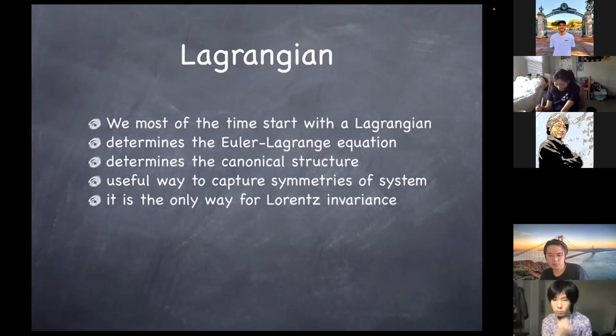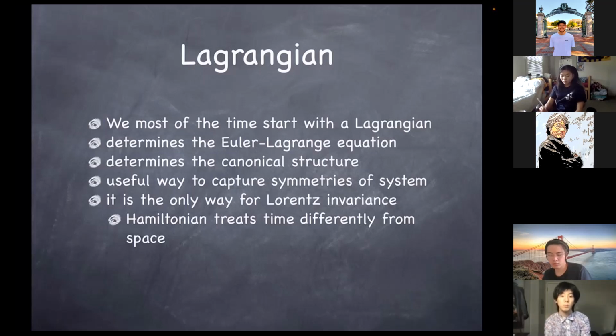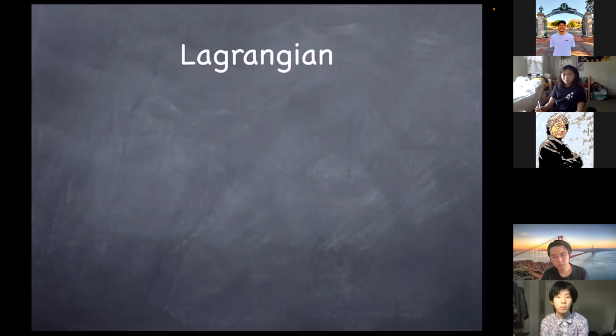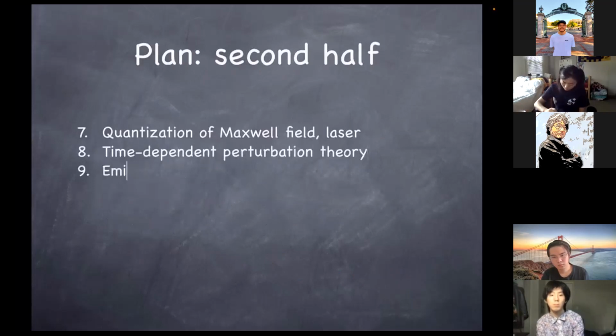That's the only way we can talk about Lorentz invariance, and that comes later in the second half of the class. So that's the main reason why we like to get started with the Lagrangian, because the Hamiltonian treats time differently from space.